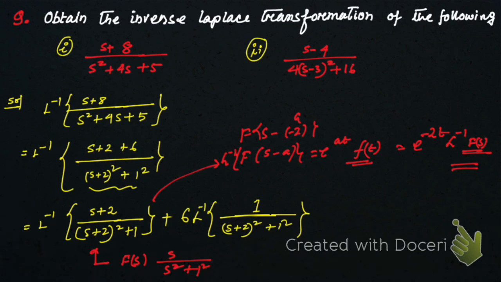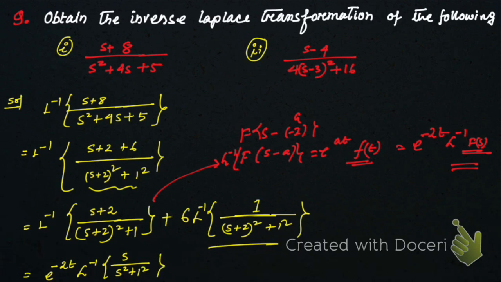So if you apply the first shifting property, then you can write that this one is e to the power minus 2t inverse Laplace transformation of s by s square plus 1 square, right?